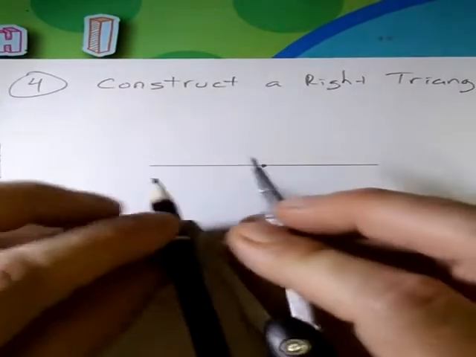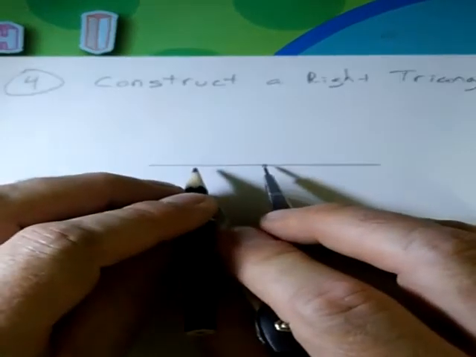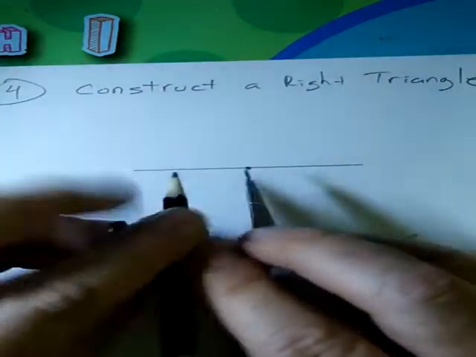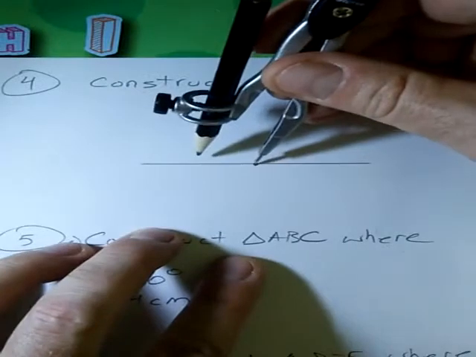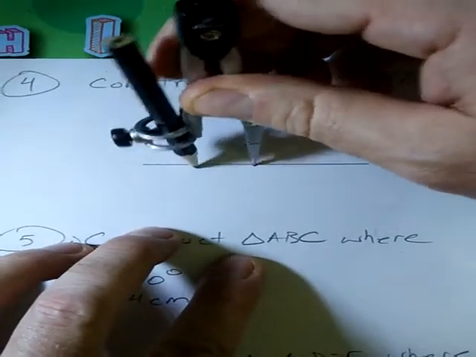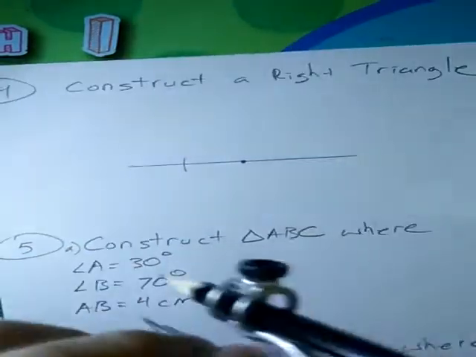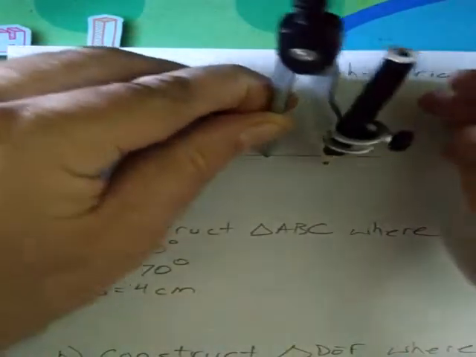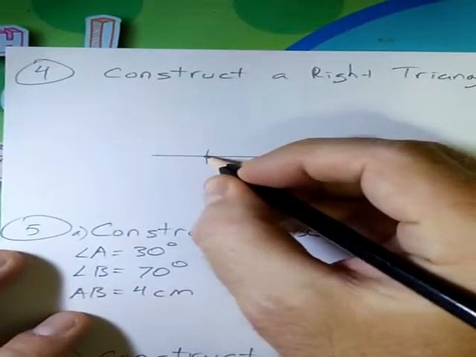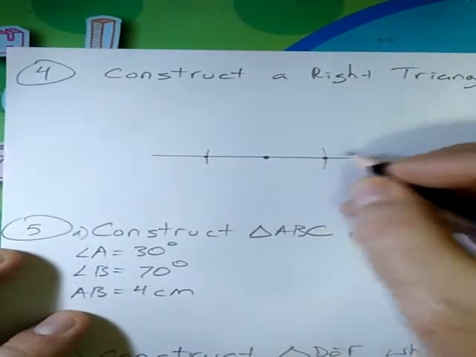I'm going to set my compass length to something that's not too big or too small, and put the needle in the dot and draw an arc here, and then to the other side as well, needle in the dot, draw an arc here. Okay, so now I have a point here and a point here.